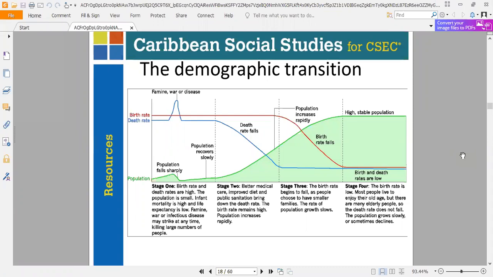And once the death rate and the birth rate are high, the population is not going to grow sharply or rapidly at all, because basically we have the same number of persons dying that are being born, right? So if 10 babies are born and 10 adults die, it simply means that the population isn't growing at all. Yeah?